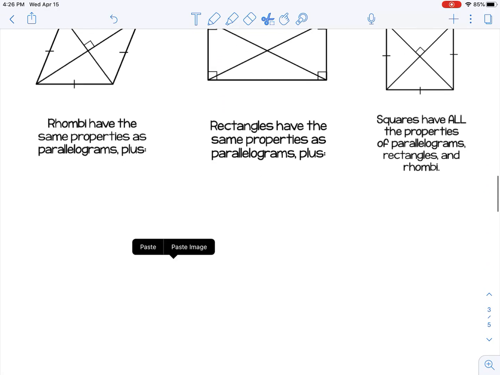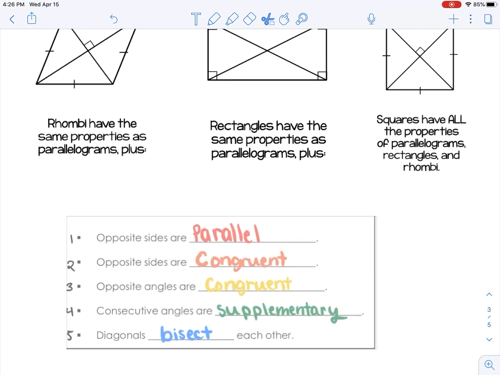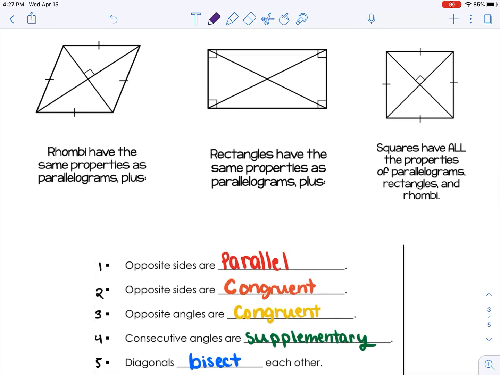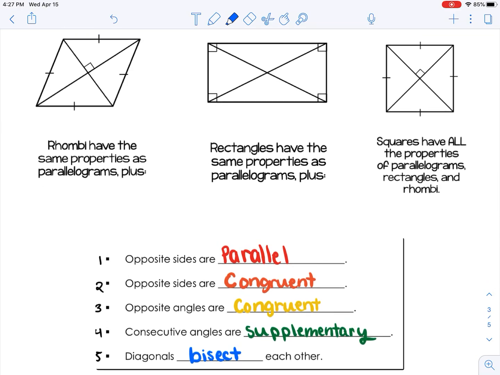And some parallelograms have special properties of their own. So all of these shapes up here, a rhombus, rectangle, and a square, they're all parallelograms. Now the definition of a rhombus is that it is a parallelogram with 4 congruent sides.